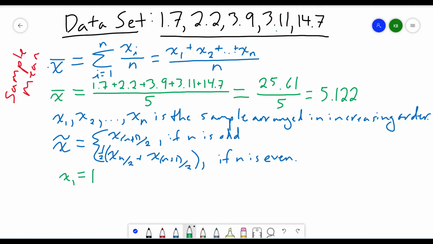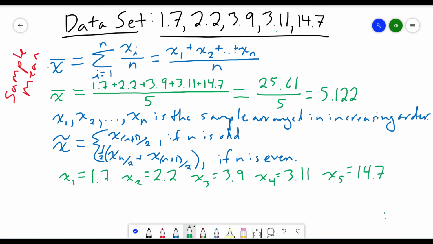So x1 is 1.7. x2 for us is going to be 2.2. We were lucky they were already arranged for us. So x3 is going to be 3.9. x4 is 3.11. And x5 is going to be 14.7.